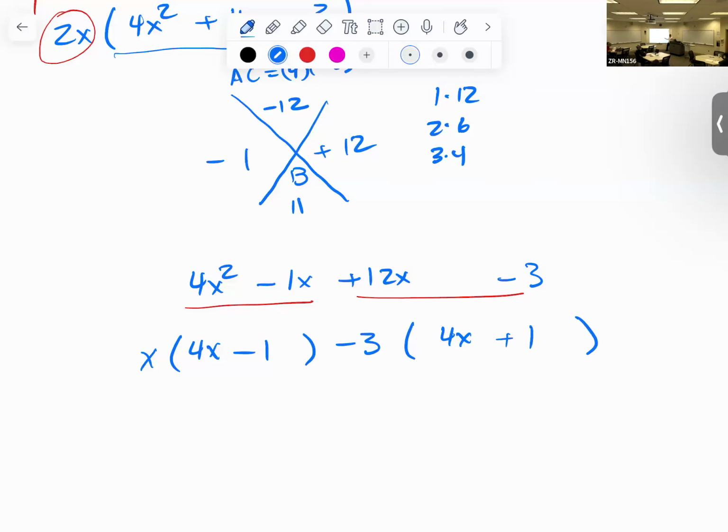Sometimes you have to adjust the signs, pull a negative out, and that flips both signs. But this would actually be -4x plus 1, all right? And I say, oh, this is almost this, but now if I pull another negative, making that positive, that'll flip both inside signs.